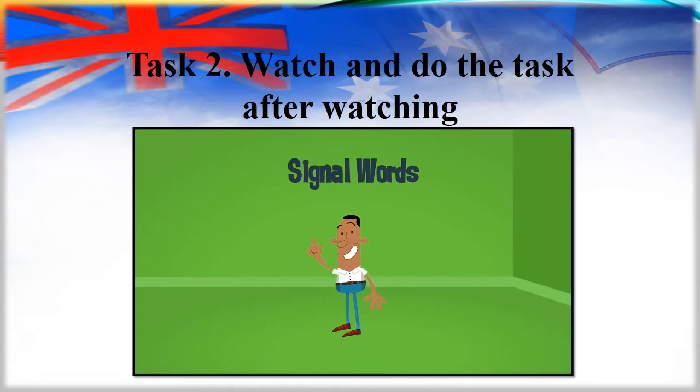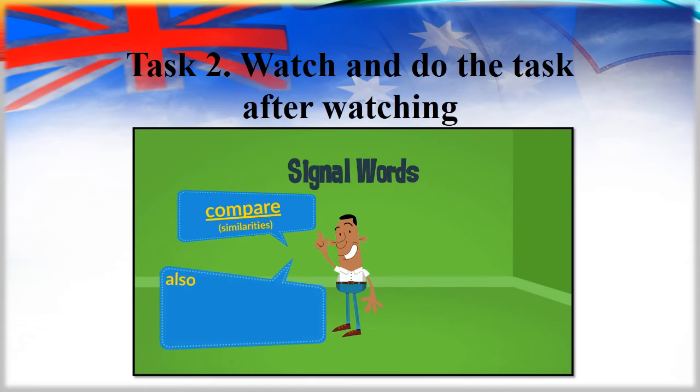Identifying signal words within texts makes comparing easier. Let's have a look at some words that authors use to compare and contrast. These words or phrases are used to compare, in other words, to highlight similarities: also, to, similar, both, alike, same, similarly, in the same way.